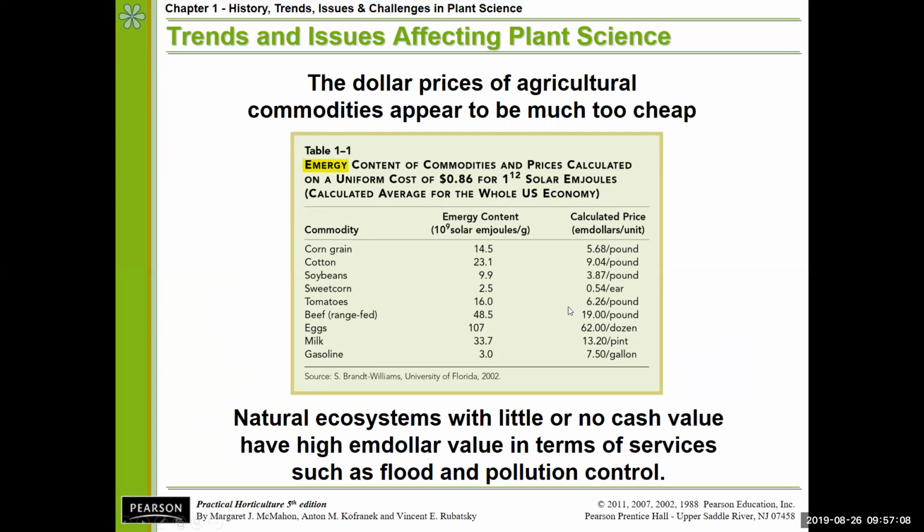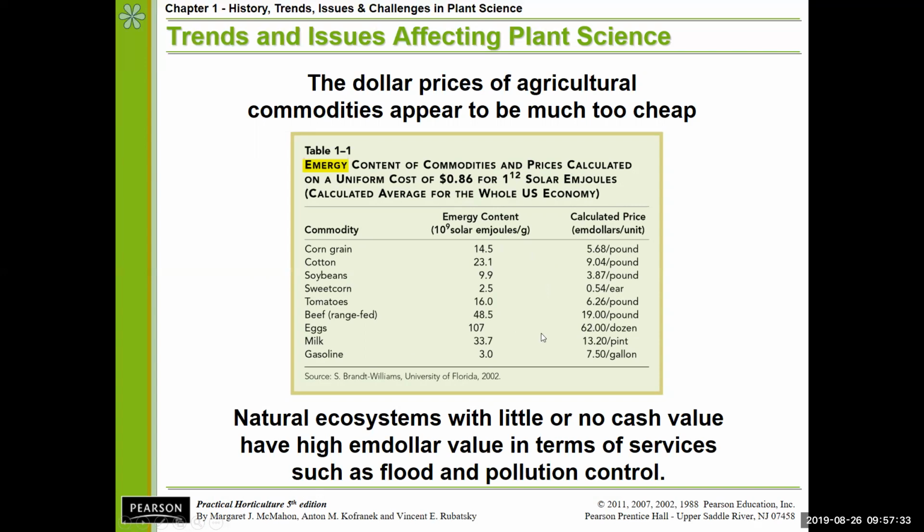This is coming from a study in 2002, so I'm not going to say that it's correct by any means, but it's just one scientist's look at how we end up paying a lot less for something than the energy embedded in it.